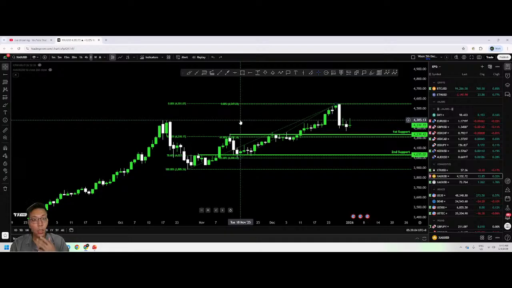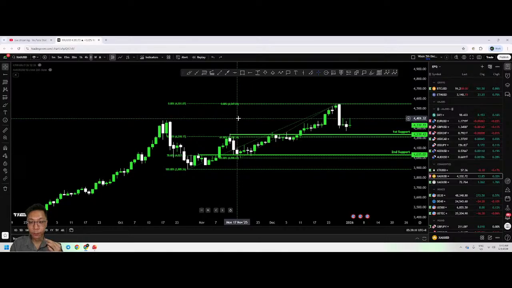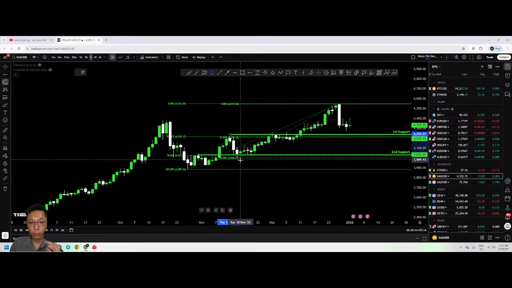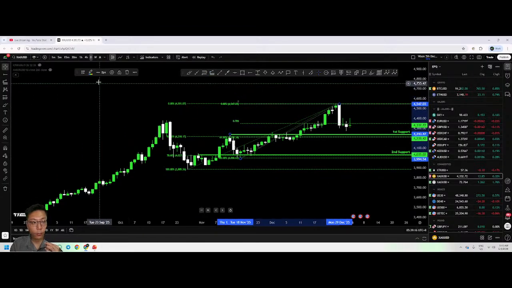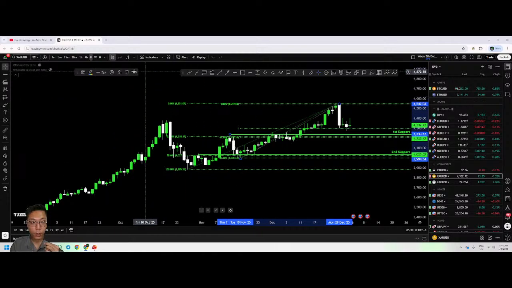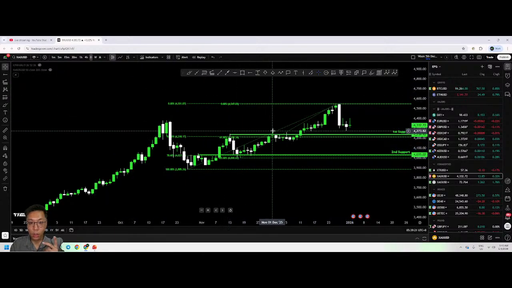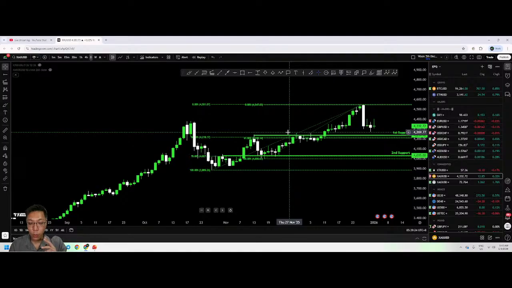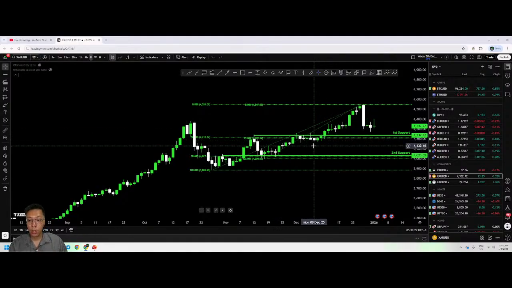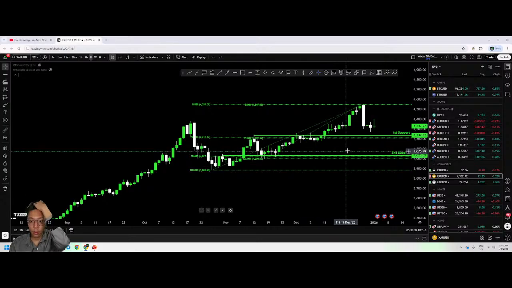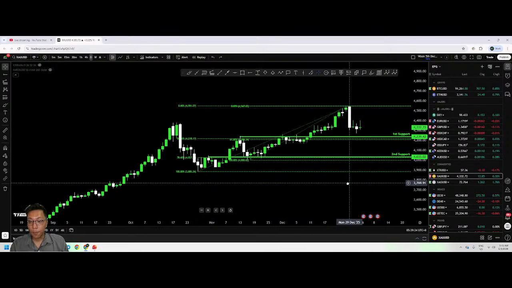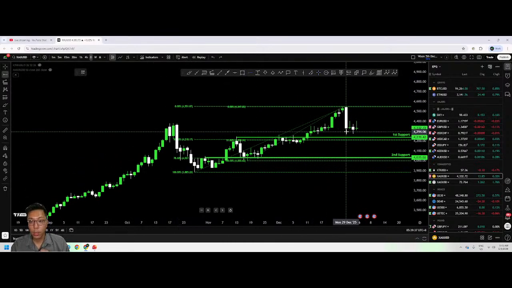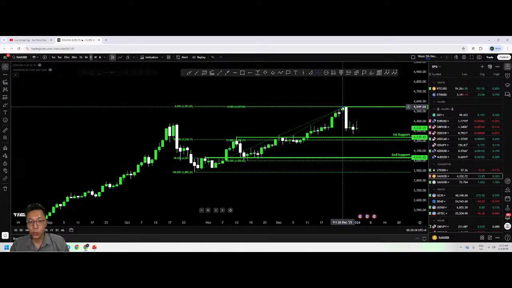Let me see. Okay, I think this should be fine. This should be the only two Fibonacci retracement levels that I am looking at. What's next? Okay, so resistance wise, our first resistance, we shall just label this here.